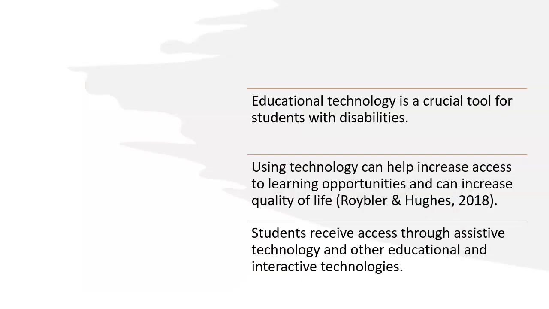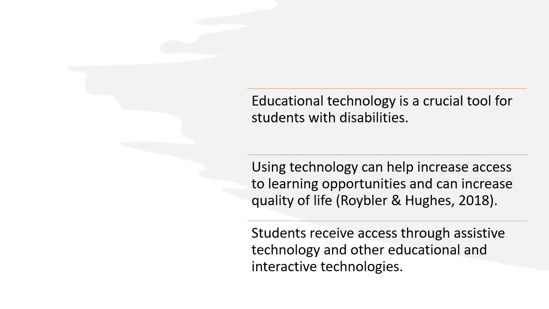Educational technology is a crucial tool for students with disabilities. It helps them increase their access to learning opportunities that their same grade level or chronologically aged peers in a general education setting receive, and can increase their quality of life, especially through assistive technologies and other interactive technologies.